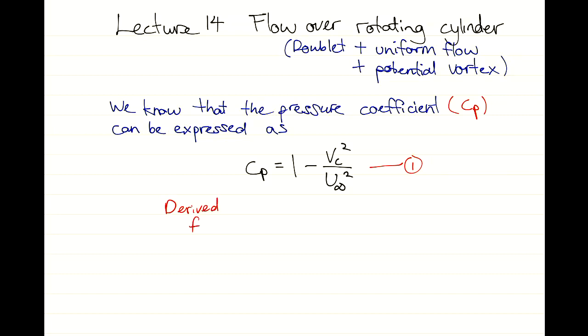Cp equals 1 minus Vc squared over u infinity squared is derived from the pressure coefficient, which is P minus P infinity divided by half rho infinity u infinity squared, and also using Bernoulli's equation, where P minus P infinity equals, you should be able to find that out.